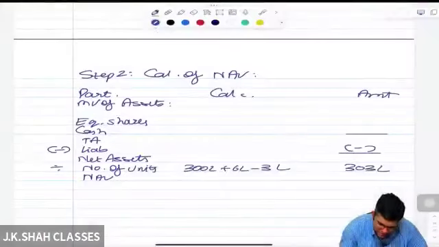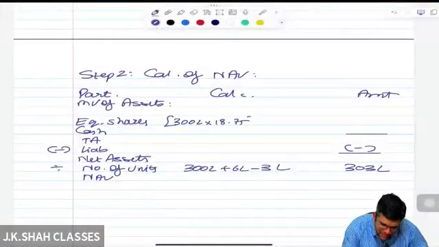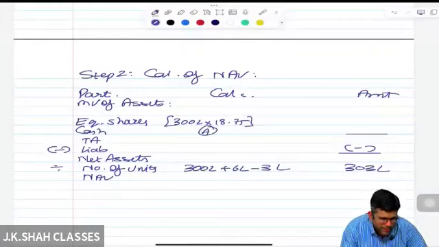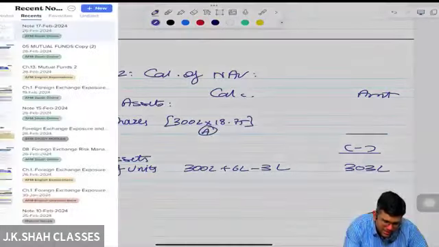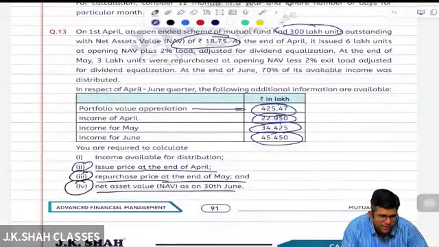I'll write here 300 lakh into 18.75. This is the total value of equity shares that you purchased in the month of April. And they are saying that these equity shares have appreciated by 425.47 lakh in 3 months. I hope you're able to understand.